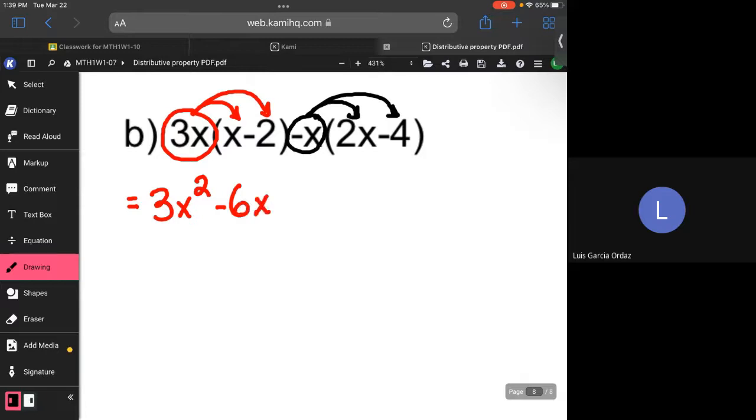Perfect. And now we go on to the negative x one. What's negative x times positive 2x? Adam? Negative 2x. Yep, minus 2x squared. And then what's negative x times negative 4?